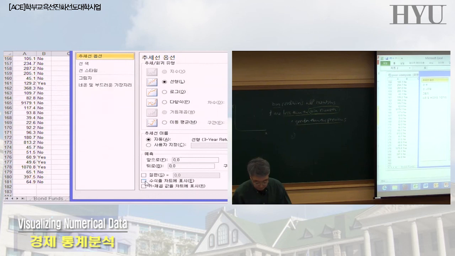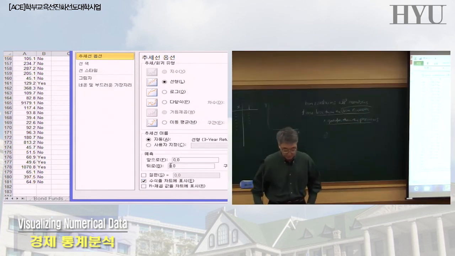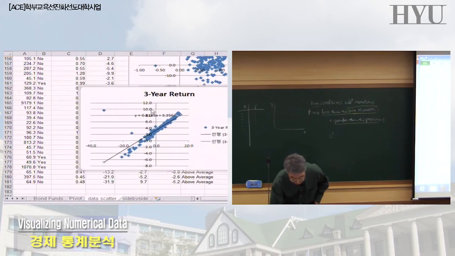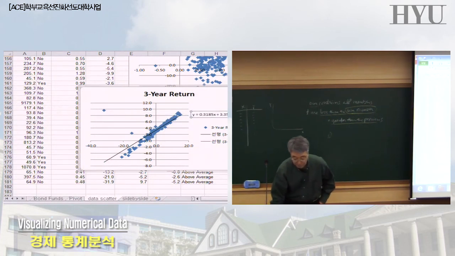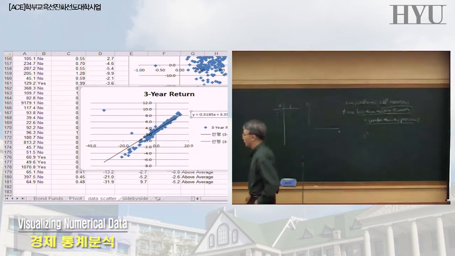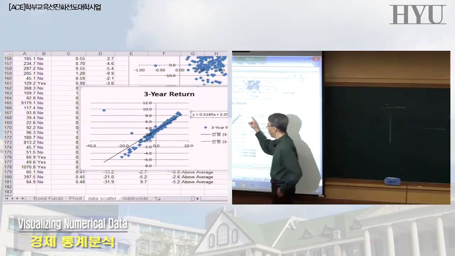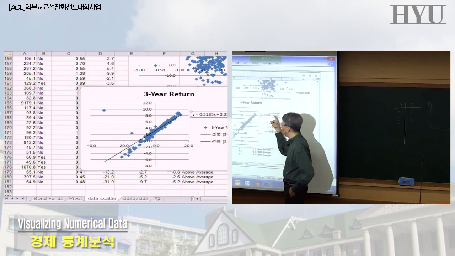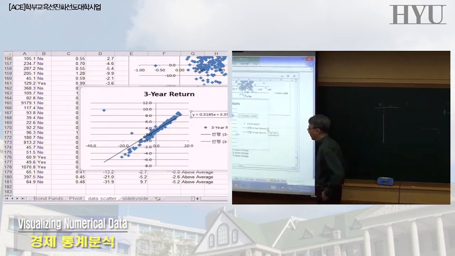Here. Show equation in the chart. Okay. Here it shows right here, right? So now we have a nice looking equation here. So the intercept is 3.35 and the slope is 0.31, right?